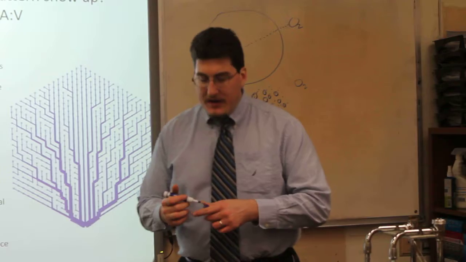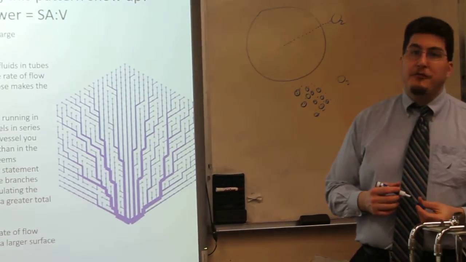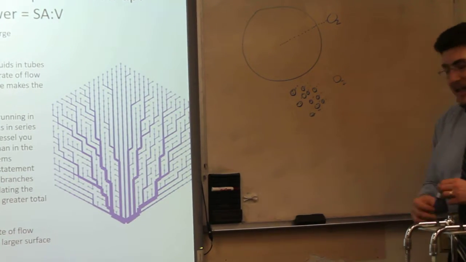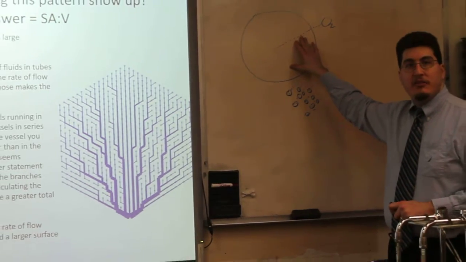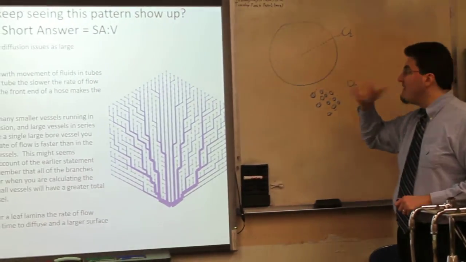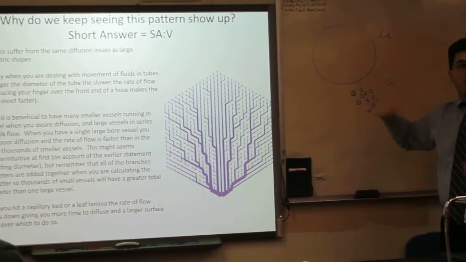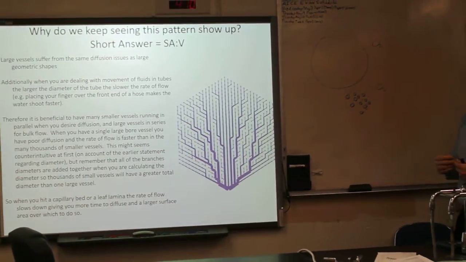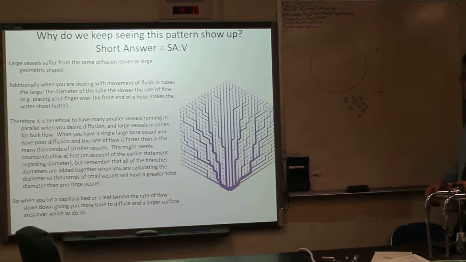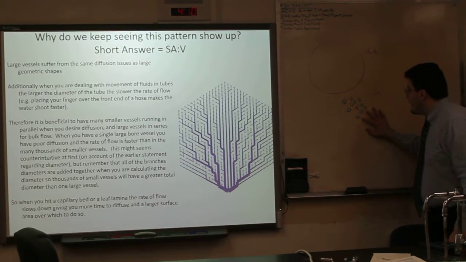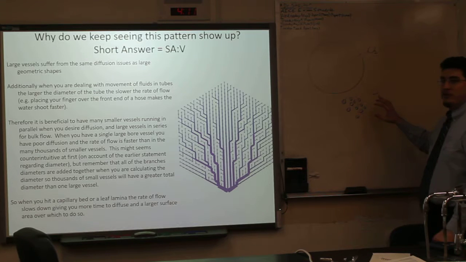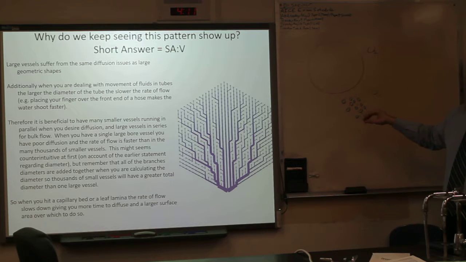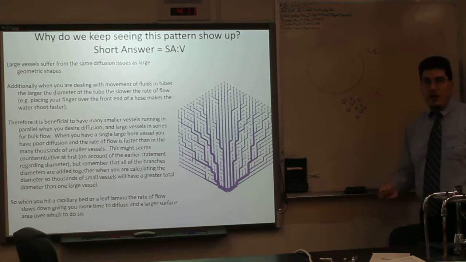Another issue that you run into is the rate of flow. If your flow rate is really fast through these large vessels, because you have a large volume moving through one vessel, you have a lot of blood flowing through a lot of individual vessels here. That will slow down your blood flow.